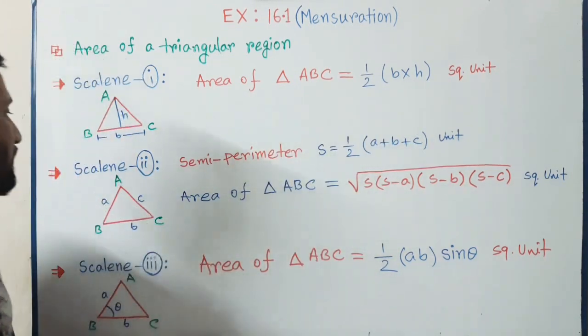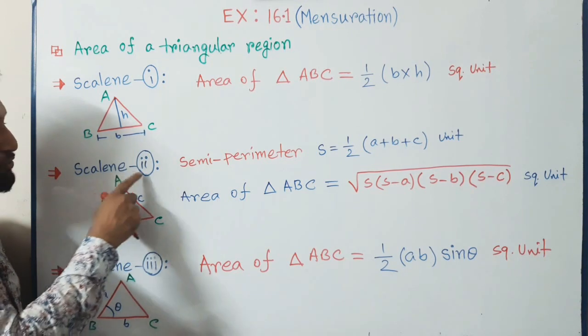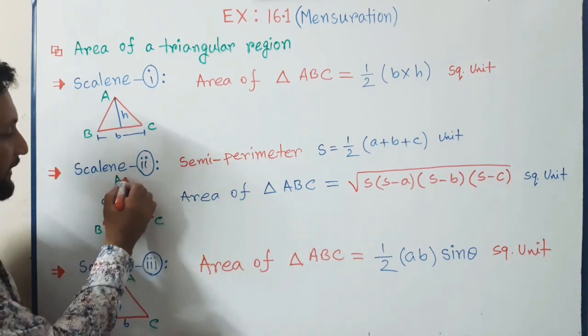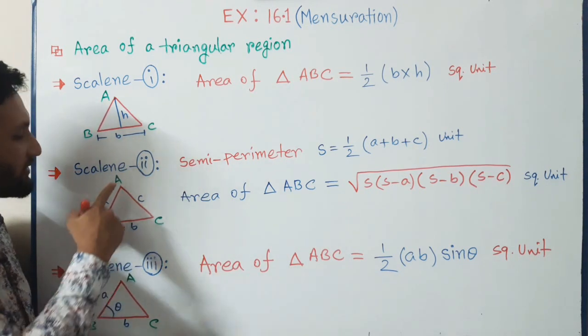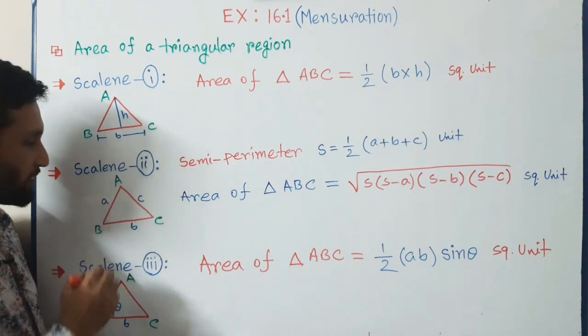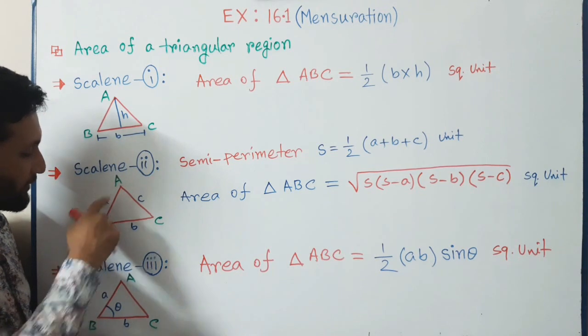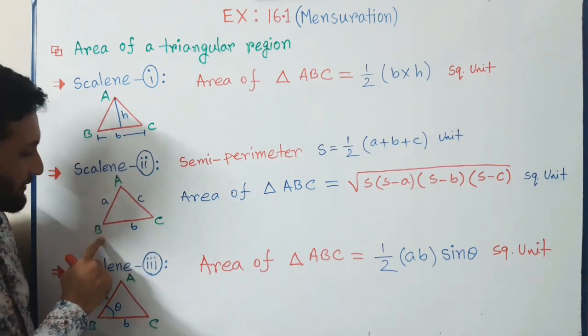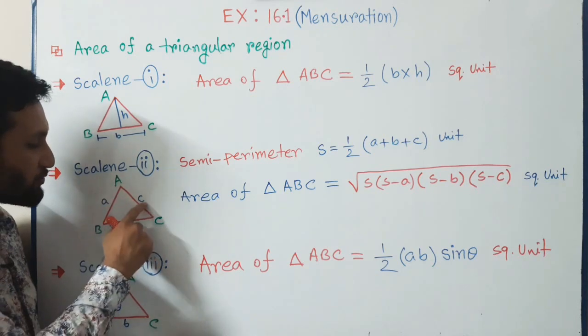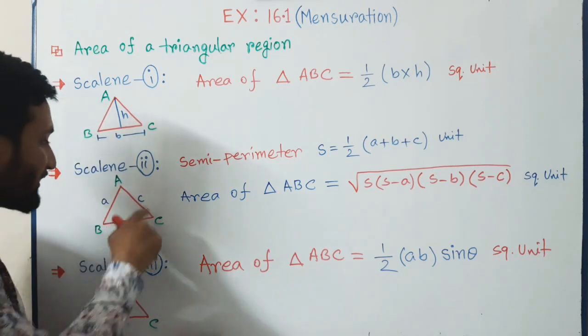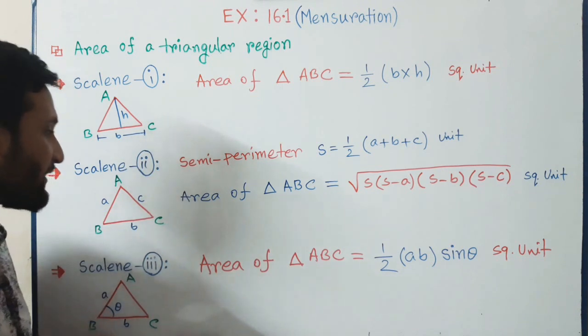Now the second type, scalene 2. Suppose ABC is a scalene triangle. If three side lengths are given, suppose the first side length AB equals A, the side length BC equals B, and the side length AC equals C. So three side lengths are given.